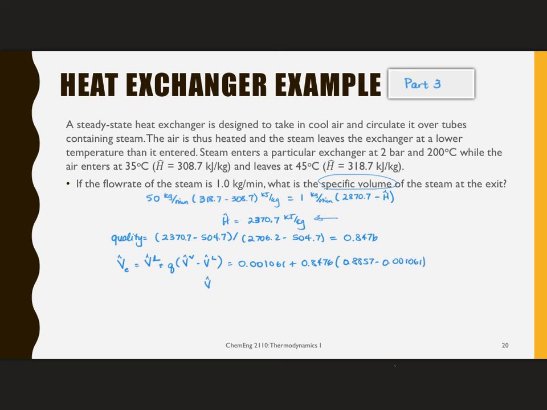Okay, and the specific volume of the exiting steam is going to be 0.7509 cubic meters per kilogram.